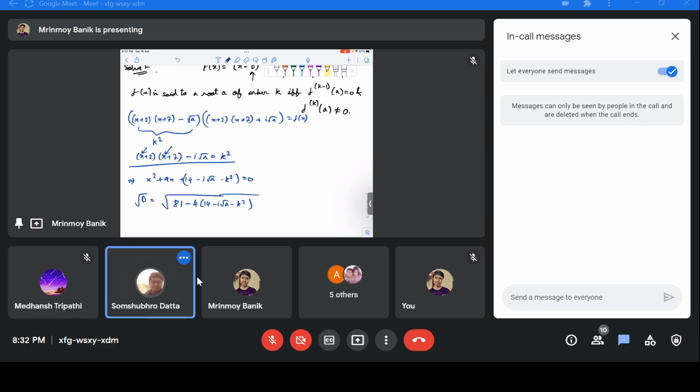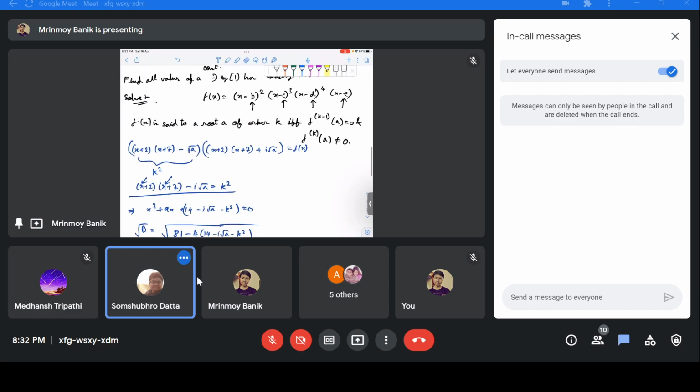Sir, by the way, it isn't k square. It should be zero because we are given the function to be zero. It should not be f of x or something like that. It should be zero. You have assumed, sir. No, it's correct. K square shouldn't be there, sir. No, I'm not substituting.